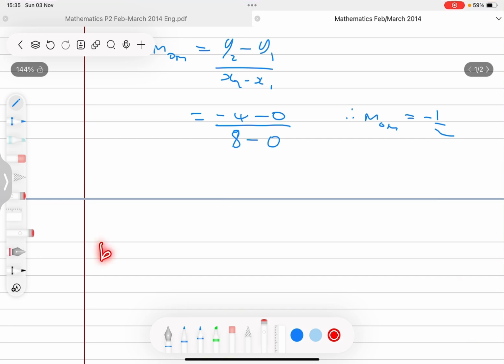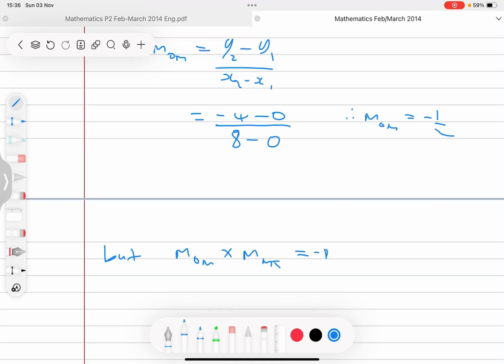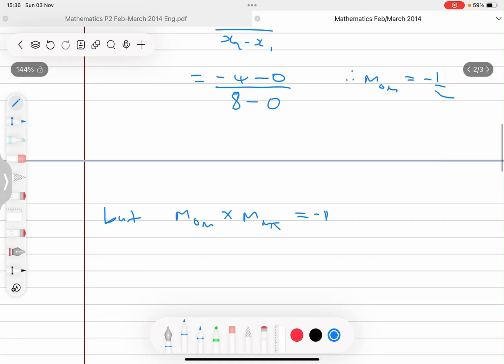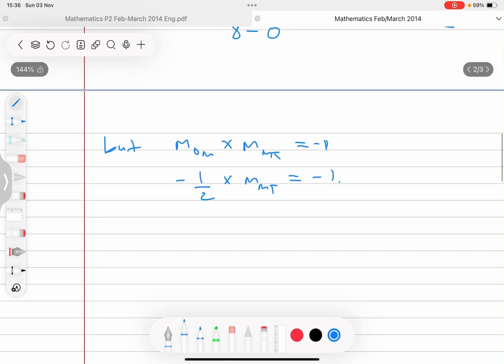And I'm going to argue here to say, we know that the gradient OM times the gradient MT, which is what we're looking for, must be equal to -1, because they make a 90-degree angle here. Right, so the gradient of this times the gradient of that should be equal to -1, right? But we know now that the gradient of OM is -1/2, so we'll have -1/2 times m_MT equals -1.